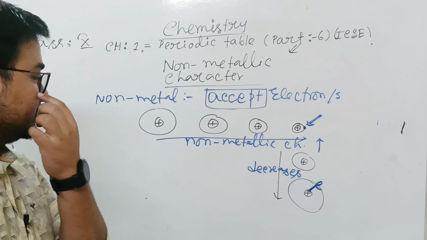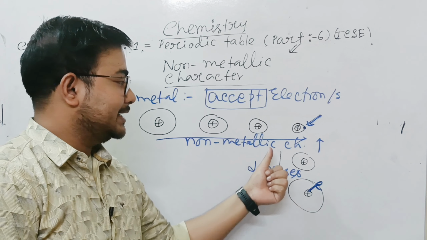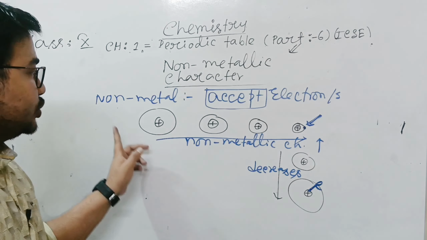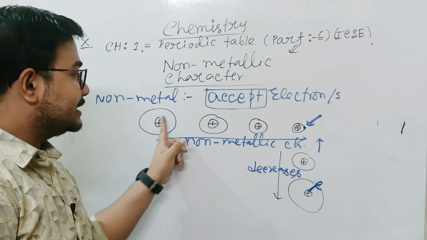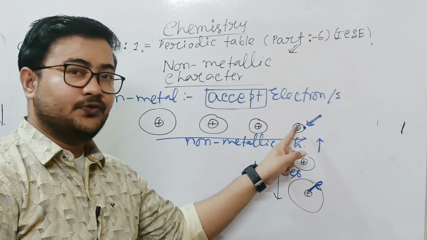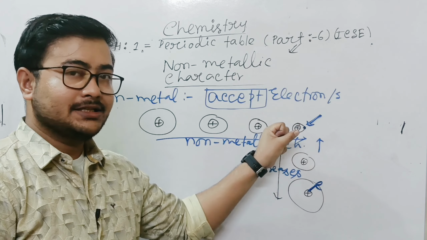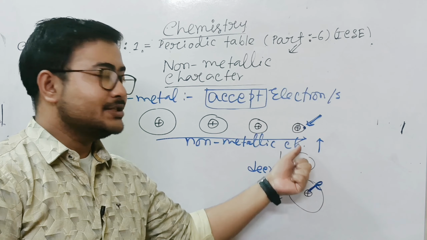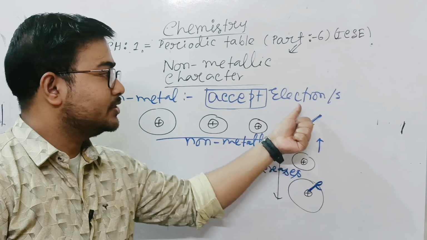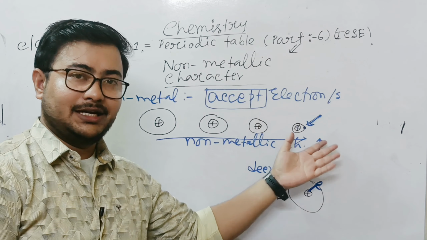Okay, the answer is, note down this point, as you move left to right, non-metallic character increases, because, hyphen, as you move left to right, since the radius of the atom decreases, therefore, the attraction force of nucleus towards the outermost electron increases. So the atom has a tendency to accept more electron. Since the acceptance of the electron is related to non-metallic element, therefore, as you move left to right, non-metallic character increases.